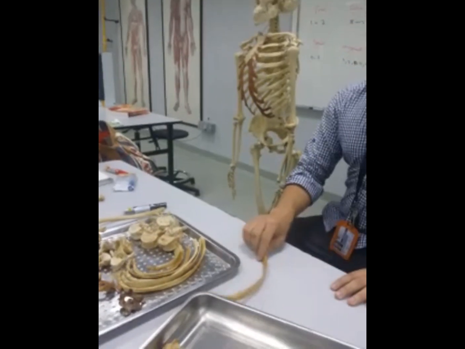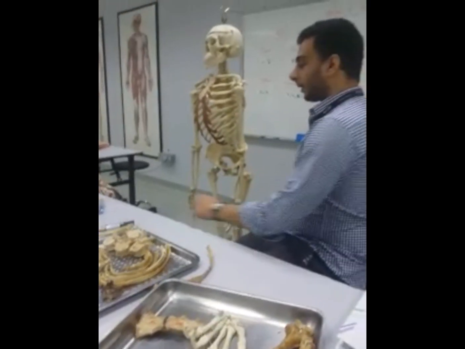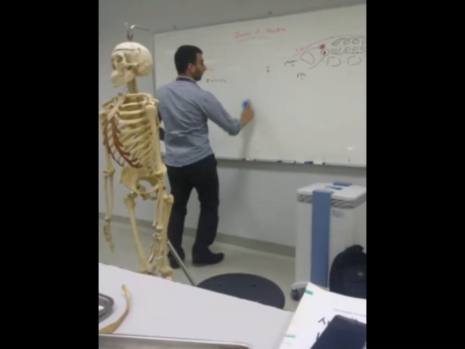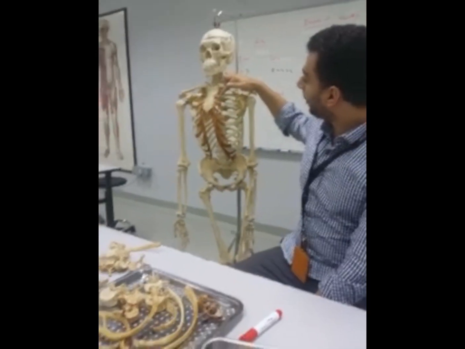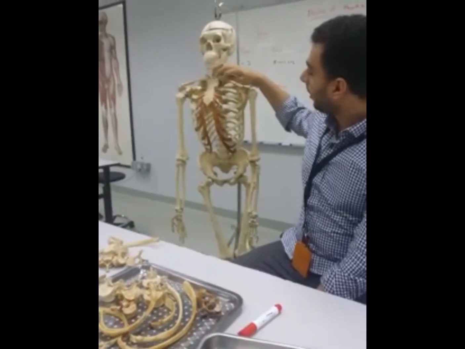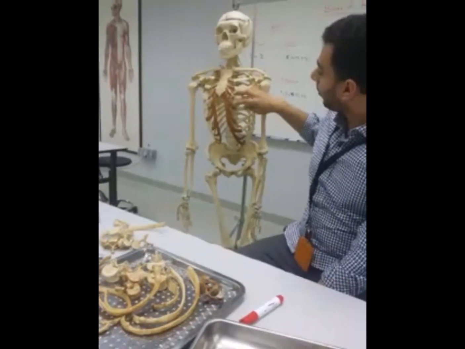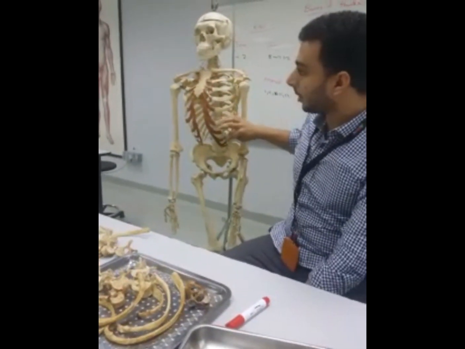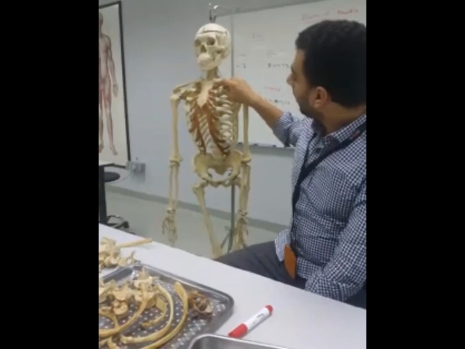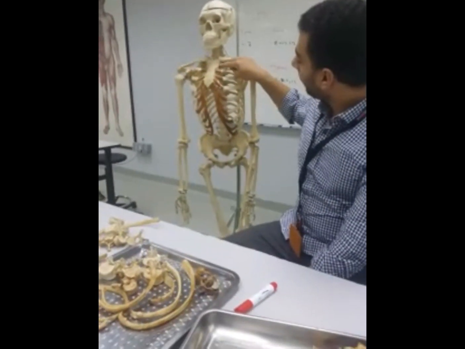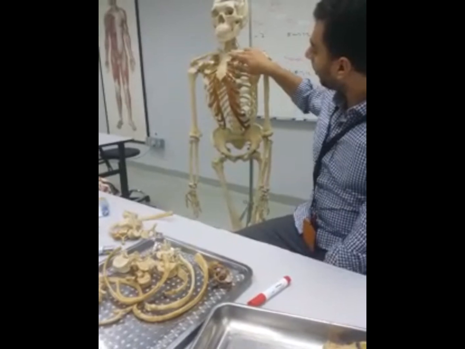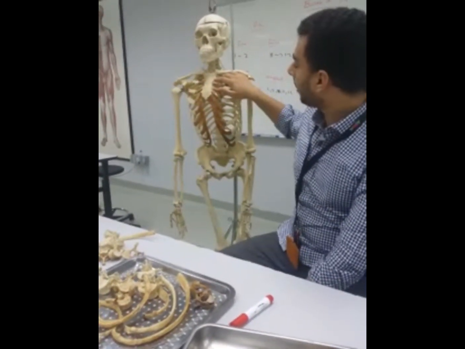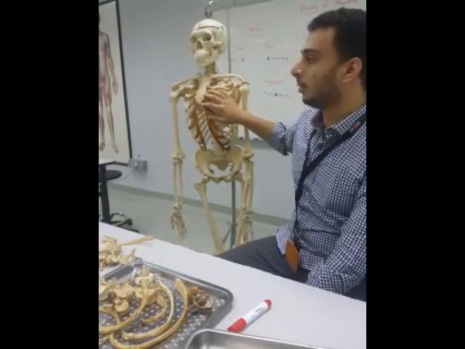Okay. Now for the joints. There is a joint here and there is a joint here. This joint will be a primary cartilaginous joint. For the first joint between the costal cartilage and the sternum, this one will be primary cartilaginous, but the rest are going to be plain synovial.